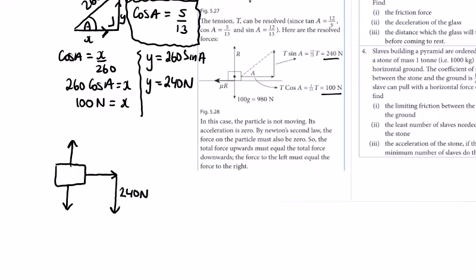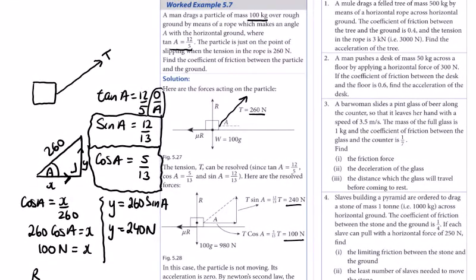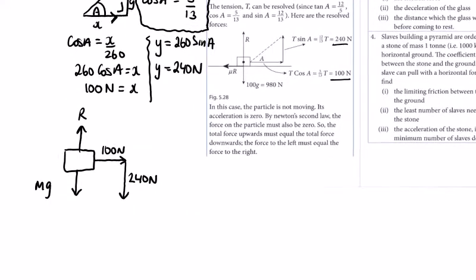Going in this direction was 100, and down this way we have mg, and the m in this case is 100. So 100g, 100 by 9.8, is 980 newtons going down.